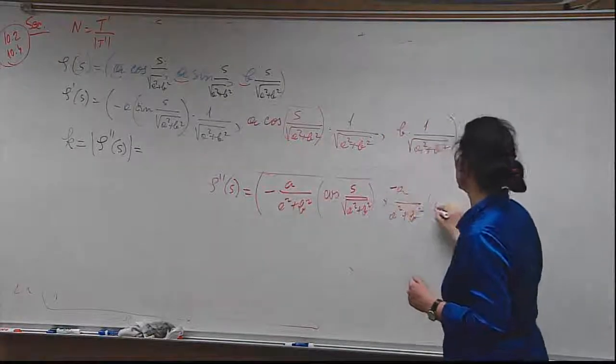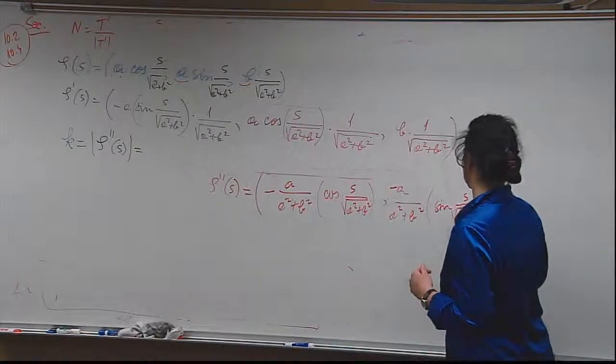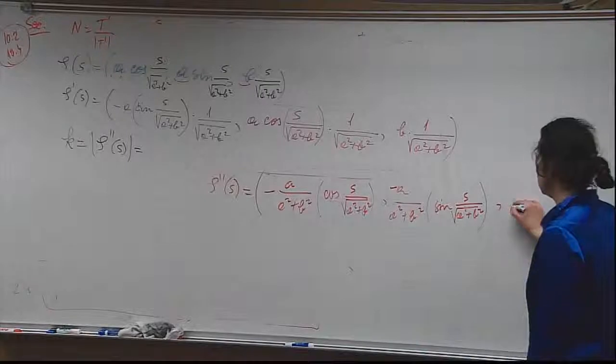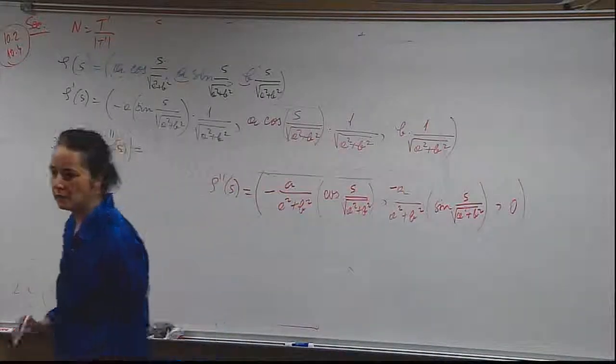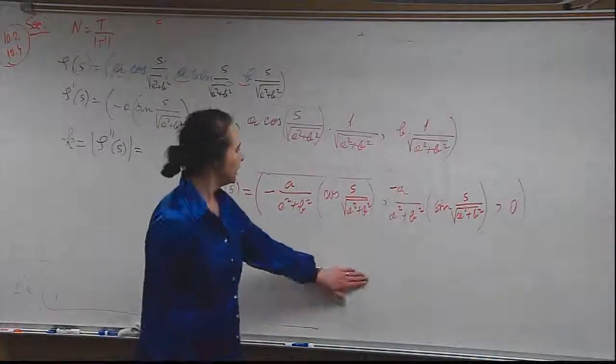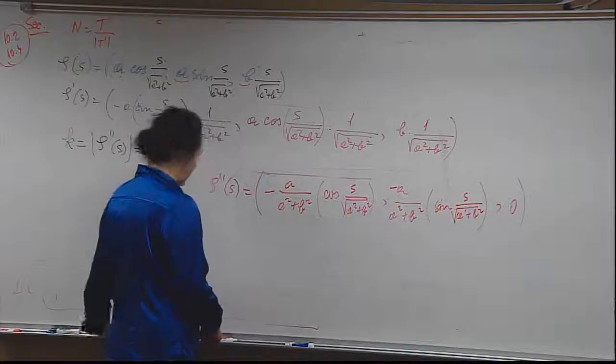I have a minus and a sine. And finally, thank God, 0. Why 0? Because I have a constant that I am deriving with respect to S. Is it hard to see what's up, what's going out?